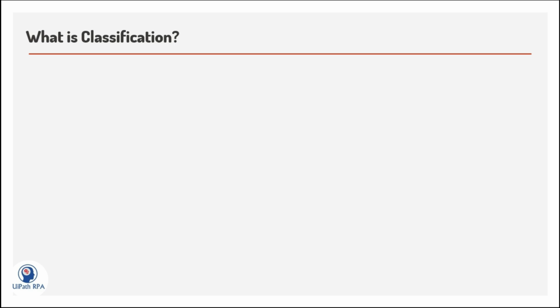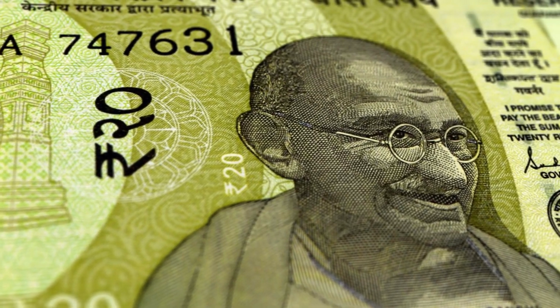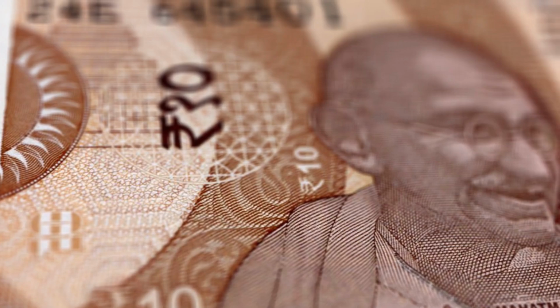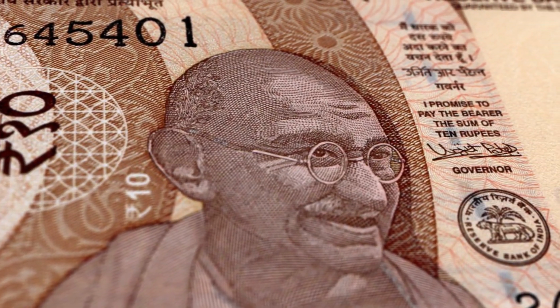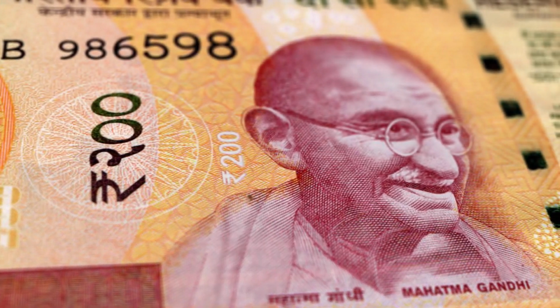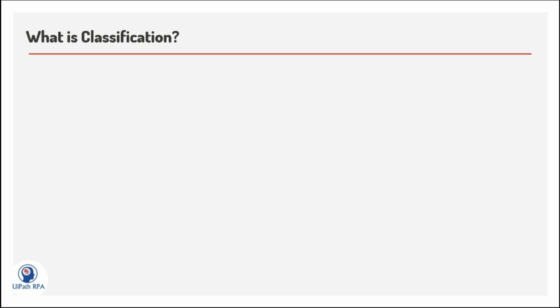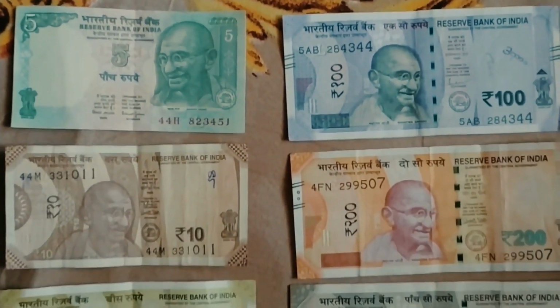If it has 10 rupees, 20, 100 written, you'll first identify by looking at the keywords, or based on your learning, you might have seen these notes previously somewhere. So it is in your mind that this is a 200 note, this is a 100 note, and this is a 10 rupees note. So from your past learning, or by looking at the keywords, you can now identify that this is a 10 rupees note and this is a 100 rupees note.